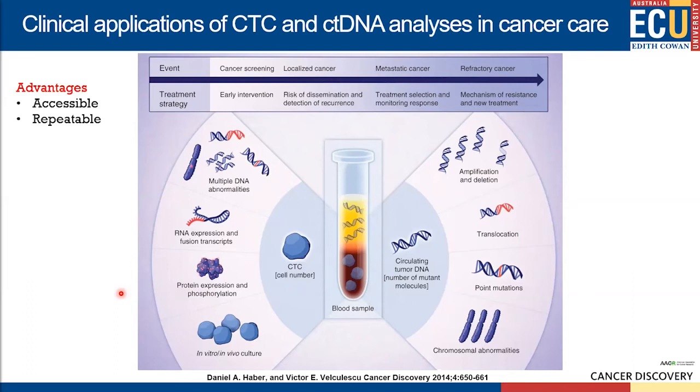So the analysis of blood biomarkers, such as tumor cells that you can find in the bloodstream or tumor-derived DNA that you can find in the plasma of patients, allows us to obtain information about the tumor through an accessible sample that can also be repeated and used to regularly monitor the evolution of the disease in a patient.